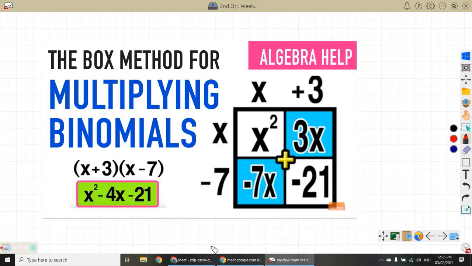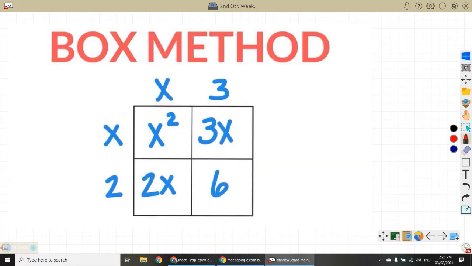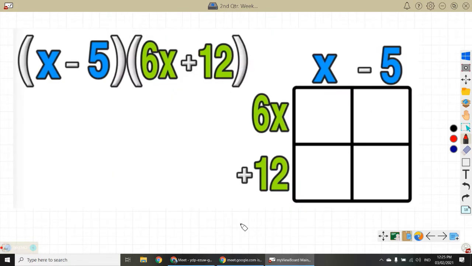Okay? The box method, ito yung ginamit ko kanina. X plus 3 times x minus 7. Let's have a simple example ng box method. Let us multiply. 6x times x is what? What do you think is 6x times x? This is 6x squared.